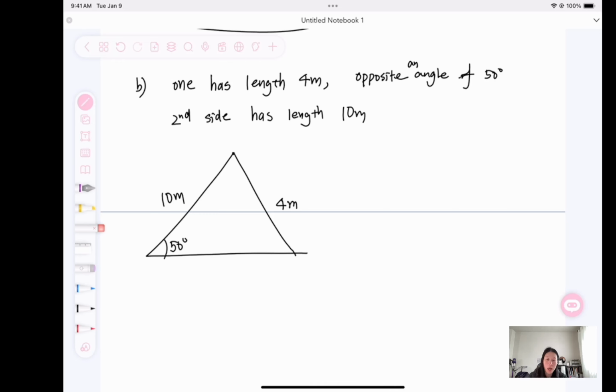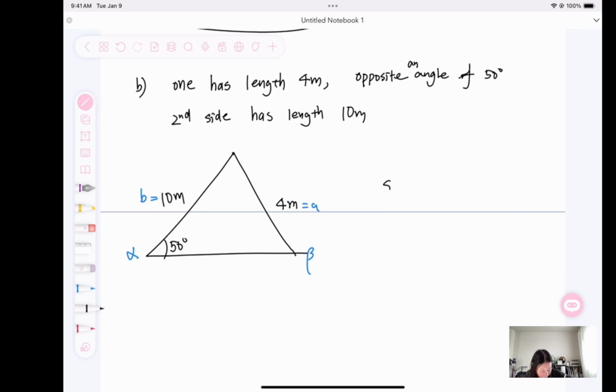Now, they want us to find all the sides and the angles. The first thing is we can use the law of sines. We know the alpha, and let's say this is beta. So we can use these two ratios to find out the angle beta.